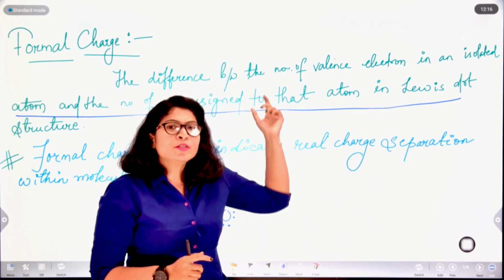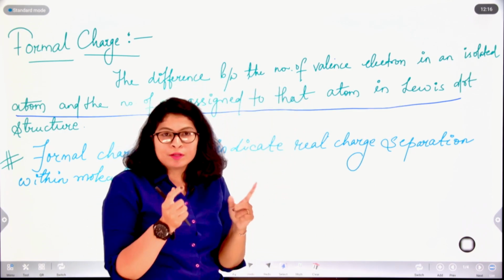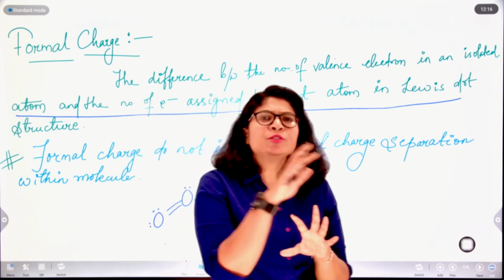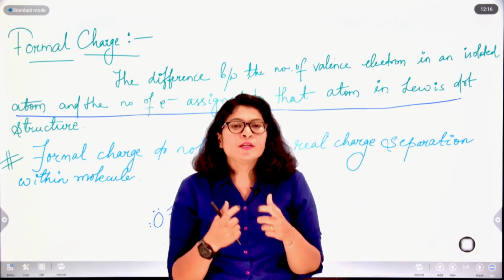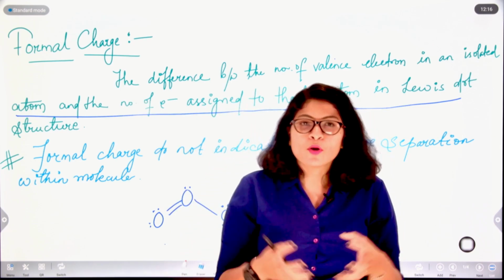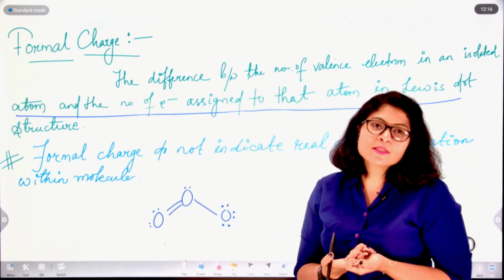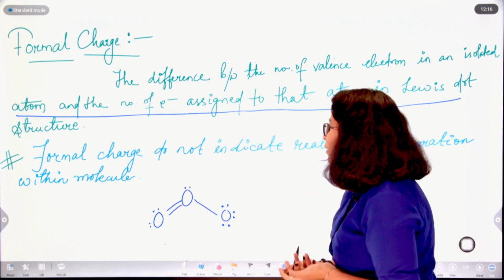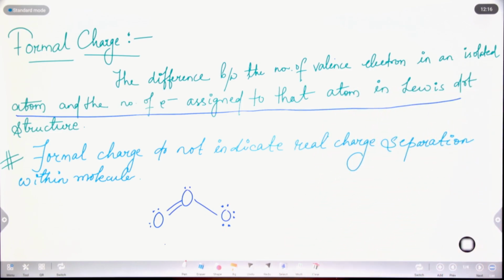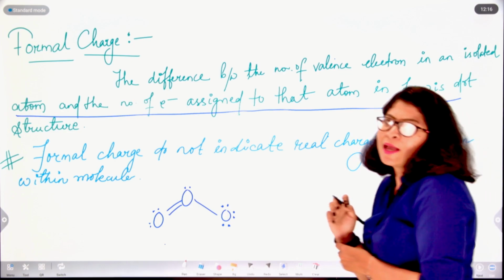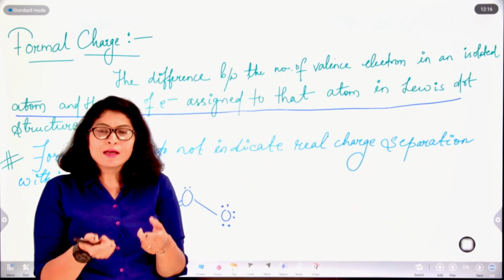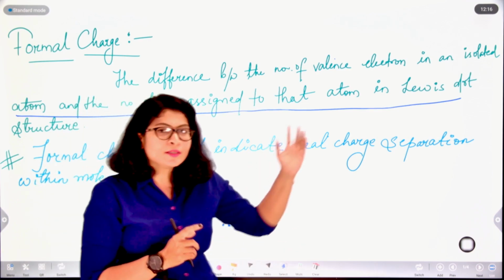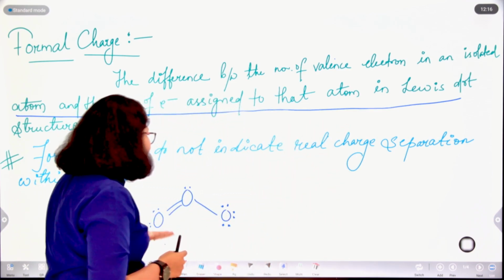So formal charge is that charge; it does not add up to the entire charge of the molecule, but what exactly are the charges of the individual atoms in the molecular or bonded state, that is defined as formal charge. It does not indicate the real charge separation within the molecule. It's just calculated to know the charge one particular atom is having in that bonded state. We'll understand it better if we consider this example, ozone.